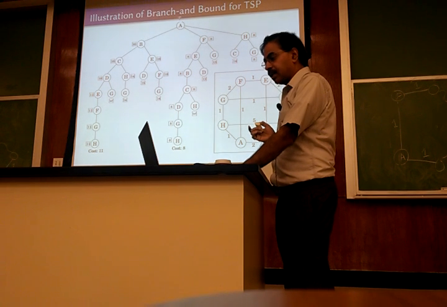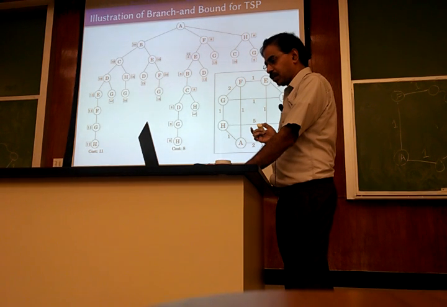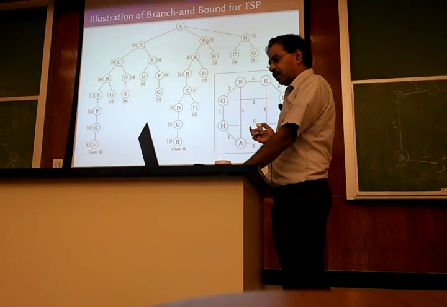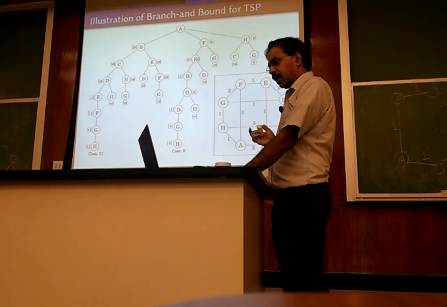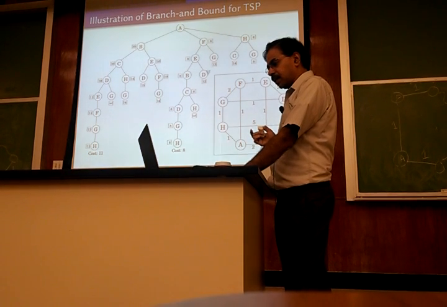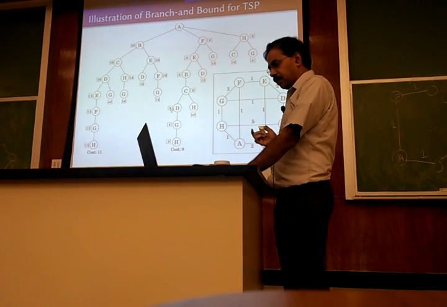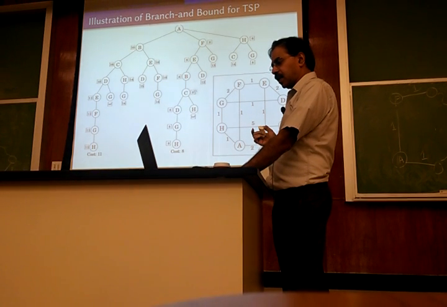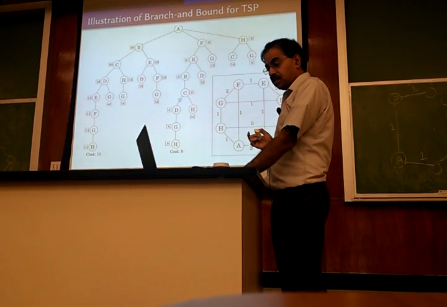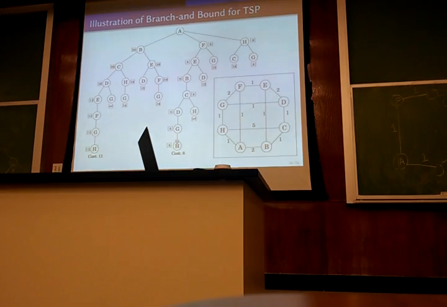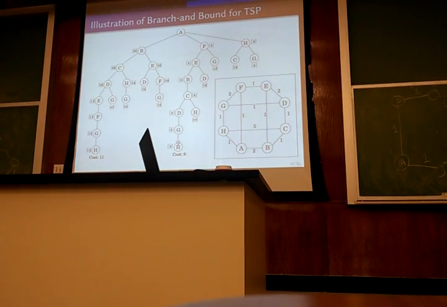If I use that heuristic, you can see that I'll pick this, then among the two children I'm going to pick E, and again among the two children I'm going to pick B, and then B has only one child, C, and once again I'm going to pick the low cost. So you can see that if I use the heuristic in an almost deterministic fashion, I'll just get to the optimal solution without really an exhaustive search.